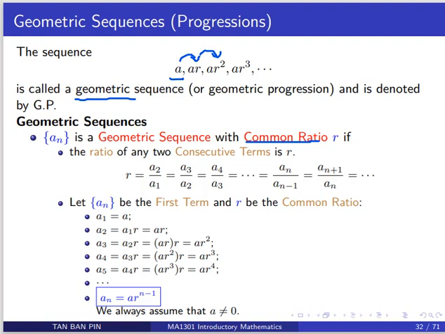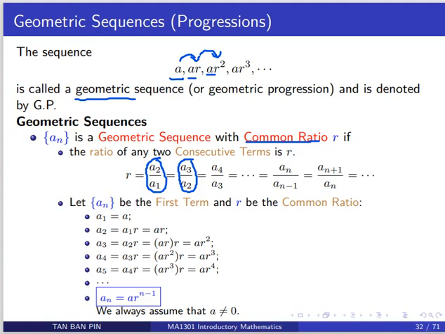Because you keep multiplying by R to get the next term, if you look at 2 consecutive terms like A2/A1 or A3/A2 and so on, you should get R as the answer if you divide the two. So R is given by the ratio of any 2 consecutive terms.